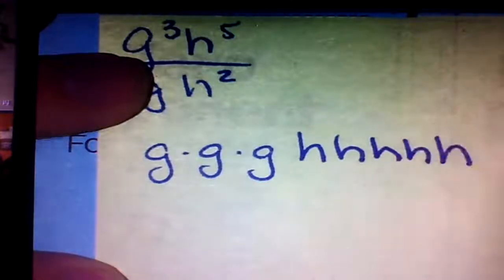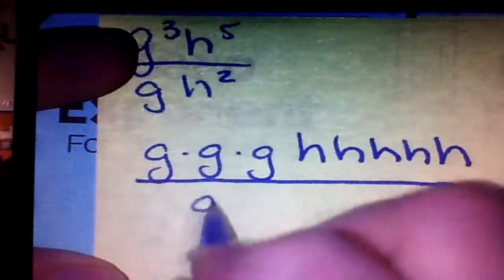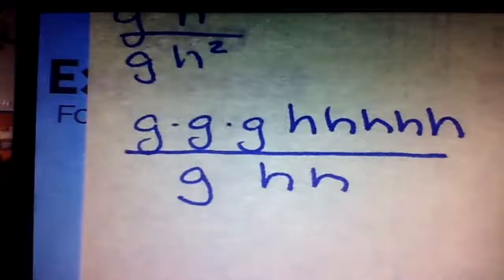H to the fifth means I have 5 h's. So this is the top written out long ways. Does that make sense? The bottom written out long ways is 1 g and 2 h's. So dividing, I can start canceling out. 1 g in the top cancels out the g in the bottom. 1 h in the top cancels out this h. This cancels out this. So I'm left with 2 g's, 3 h's.